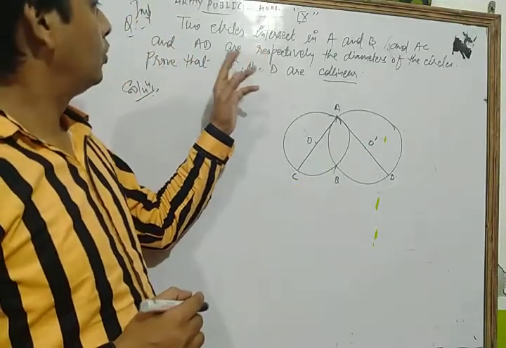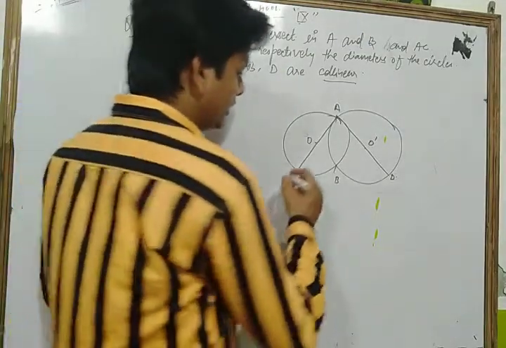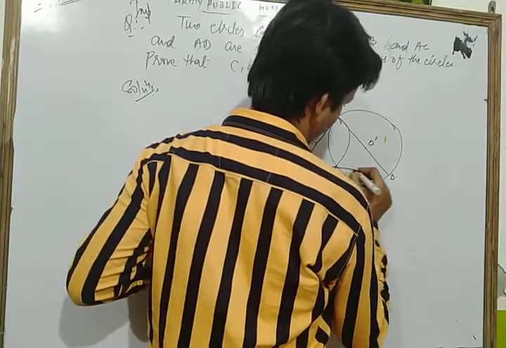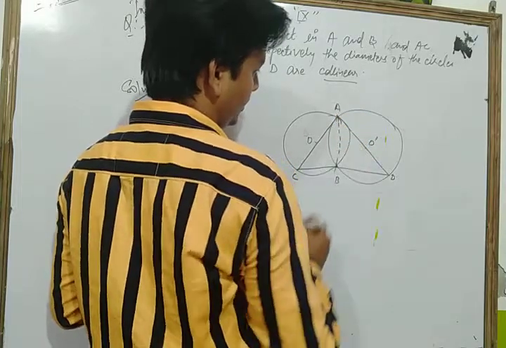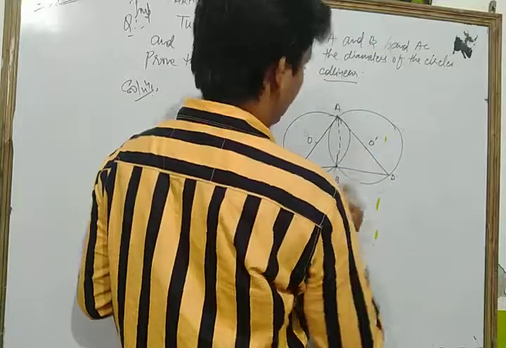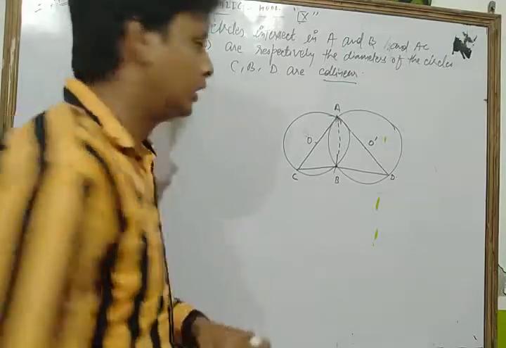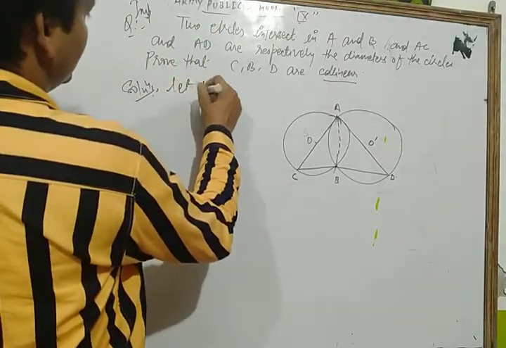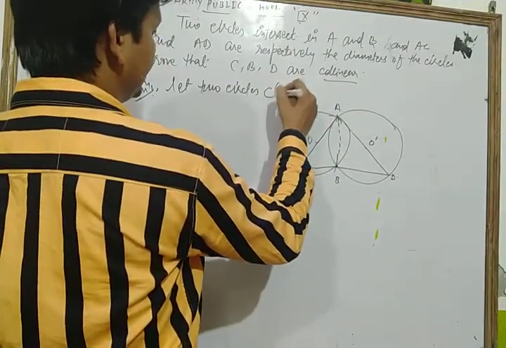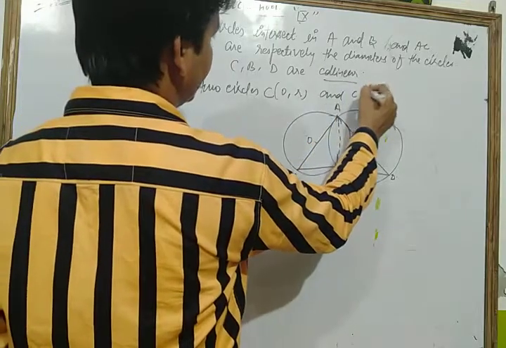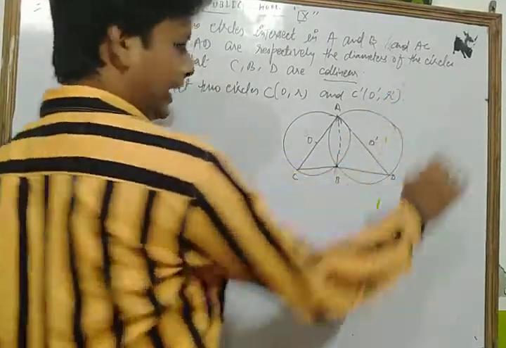Now, prove that C, B, D are collinear. We have to do some construction, that is, join with a straight line.